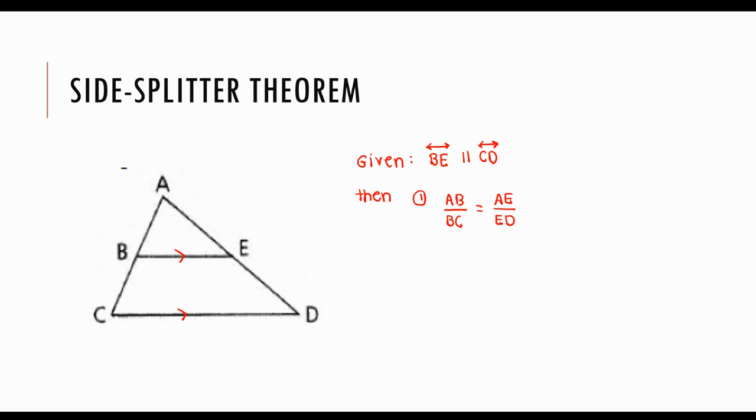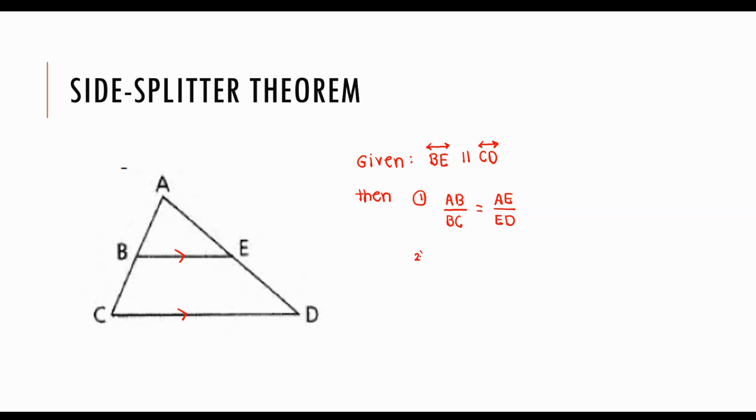It's the ratio of the other side being split. Notice that AB and AE are both the top portion of the sides being split, and BC and ED are the bottom portions of the sides being split. So that's where that consistency stays.